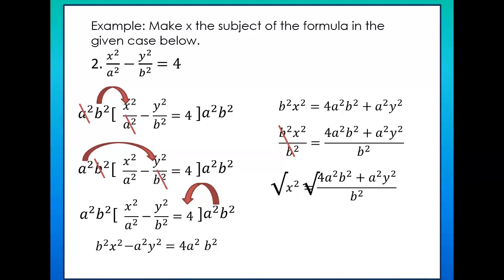We're doing this because this is the inverse way to cancel the power in this given example. Okay, so that's the time that we can cancel the square root here and the square here. So further simplifying this one, we have x is equal to 2ab plus ay over b.